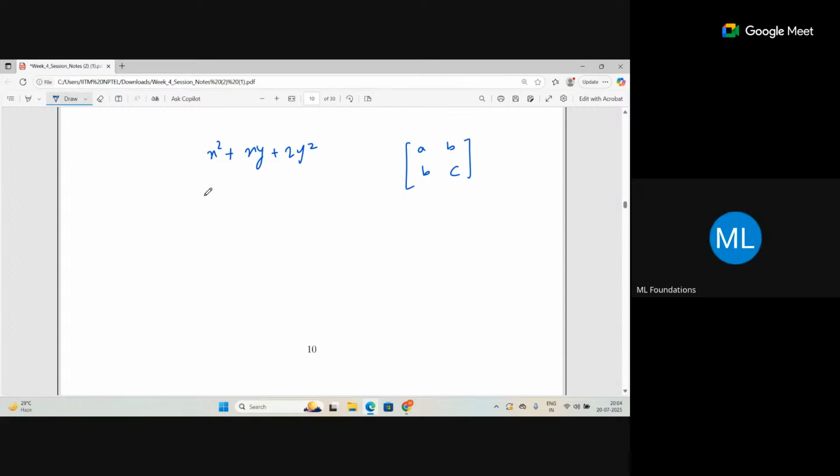Let us consider this as ax square plus 2bxy plus cy square. Try to do the analogy here. A will be 1, C will be 2, and 2b equals 1, then b equals half.